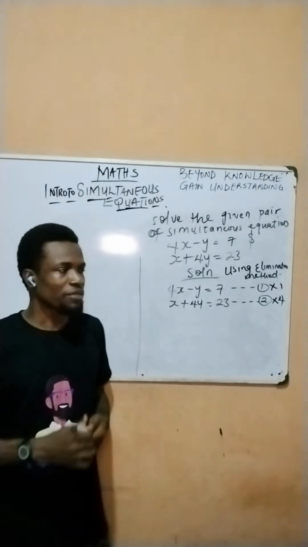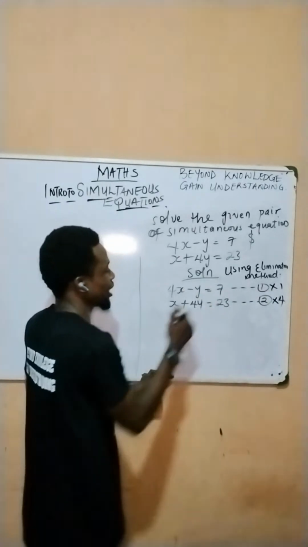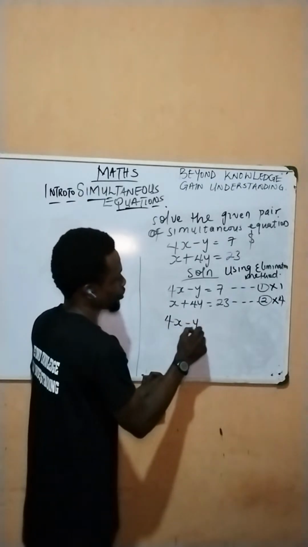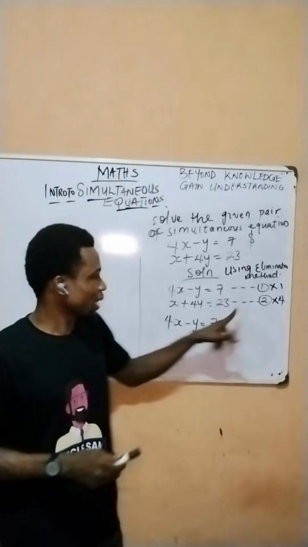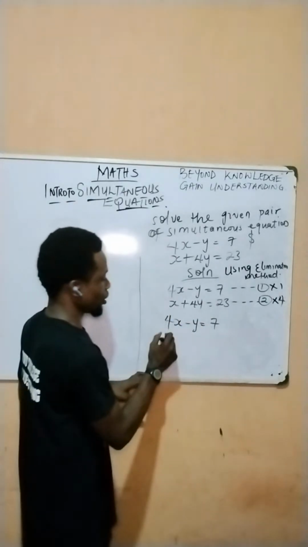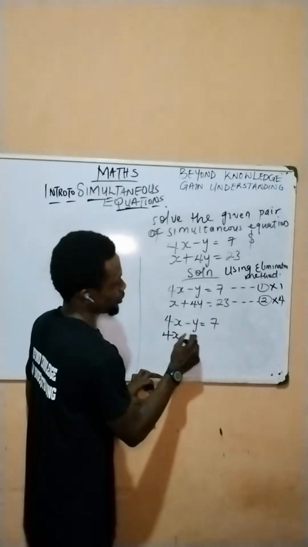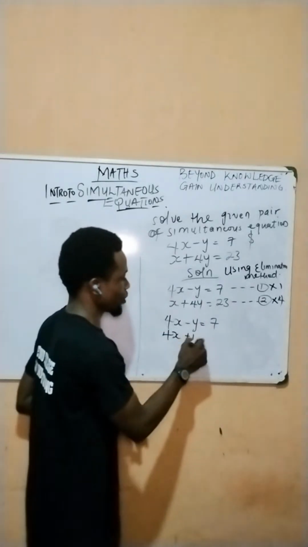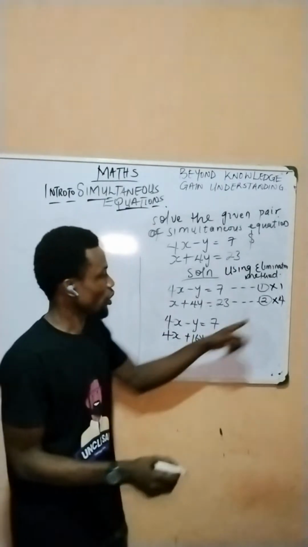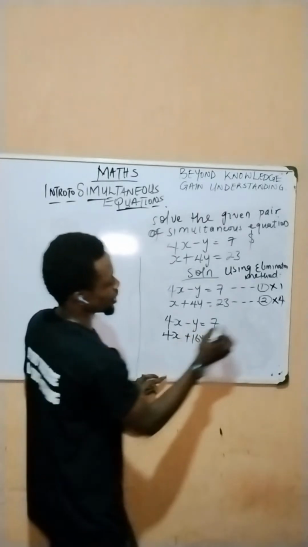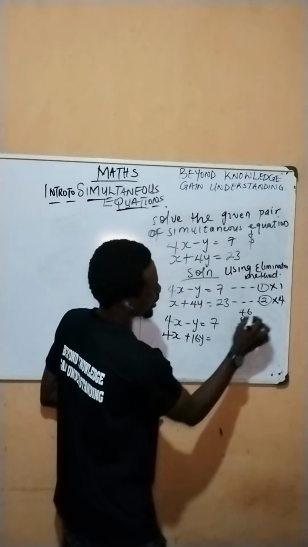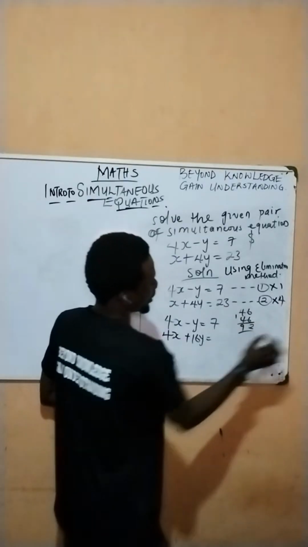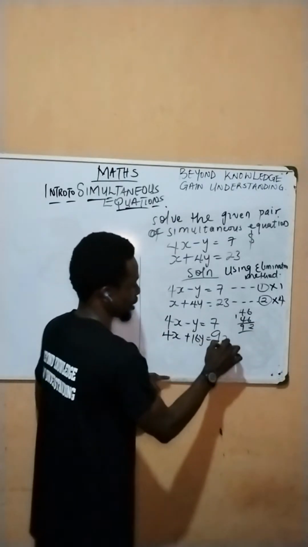If I do that, 1 multiplied through is going to give us 4x minus y equals 7. And then 4 multiplied through is going to give us 4x plus 4 times 4y, which is 16y, equals 4 times 23. 23 times 2 is 46, and 46 times 2 is 92. So this is going to give us 92.